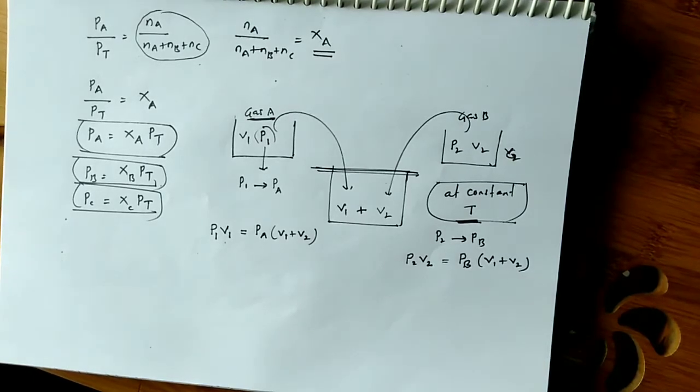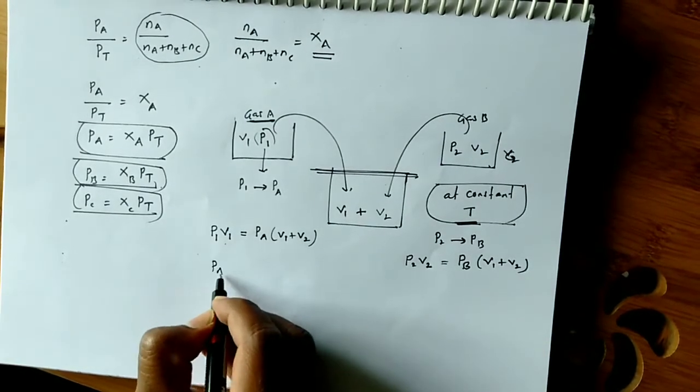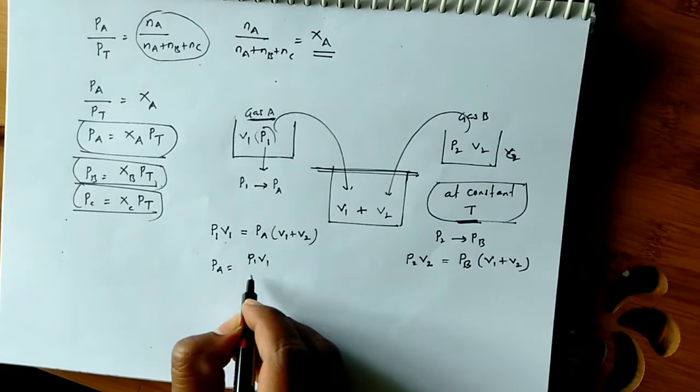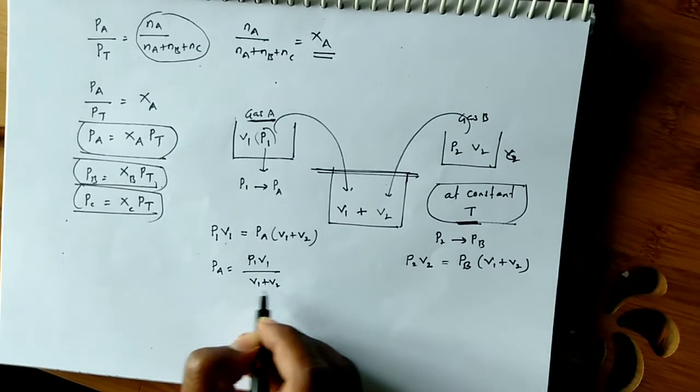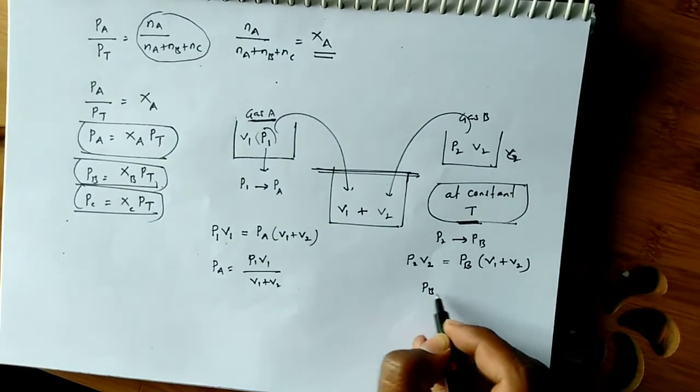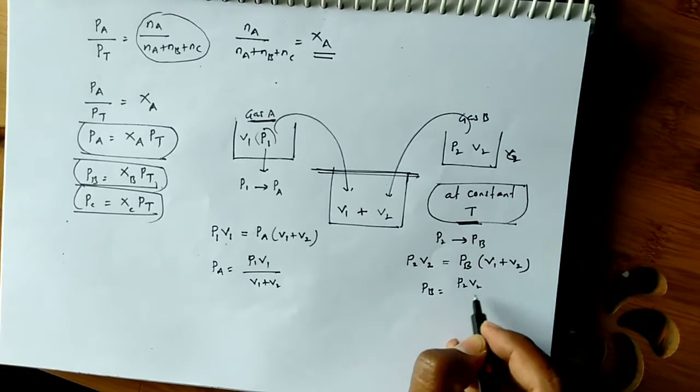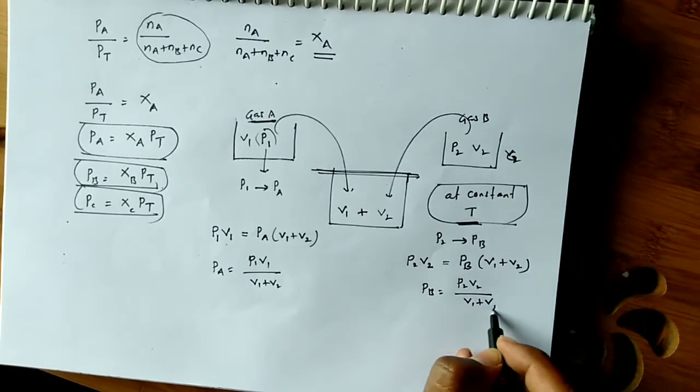From here, partial pressure of A equals P1 V1 by total volume V1 plus V2. Partial pressure of B equals P2 V2 by V1 plus V2.